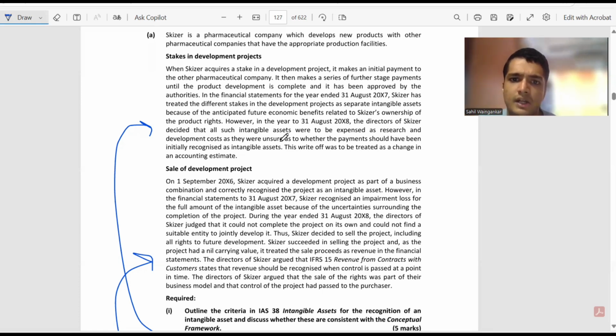Now, this treatment they had accounted for as a change in accounting estimate.